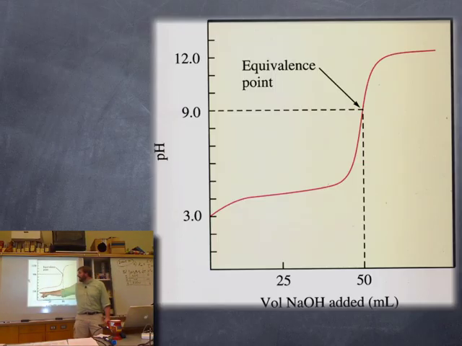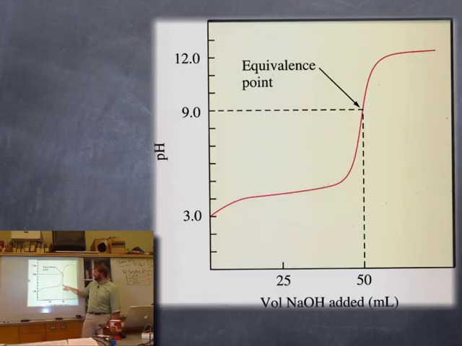Here is the pH of our 0.5 molar ethanoic acid. This up here is essentially the pH of our sodium hydroxide solution. You can see the two different points that we talked about. Here is our halfway point.